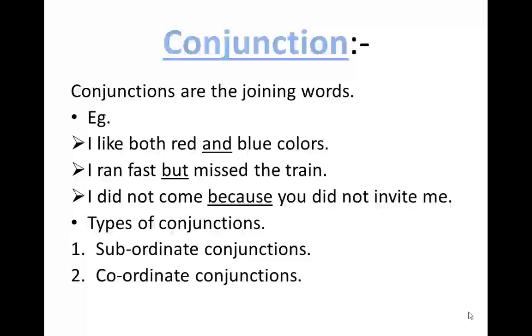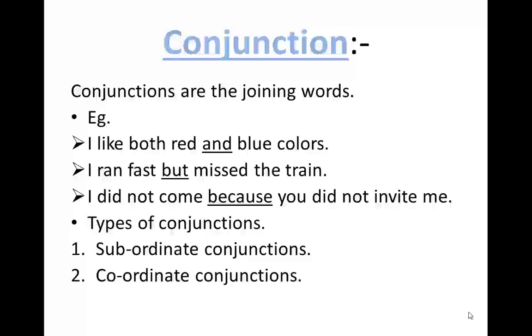For conjunctions, I would like to refer you to unit 5 of Daffodils, grammar exercise D. Just read it over here. You are given the introduction to conjunctions. Then you are introduced to the two types of conjunctions, coordinate and subordinate.